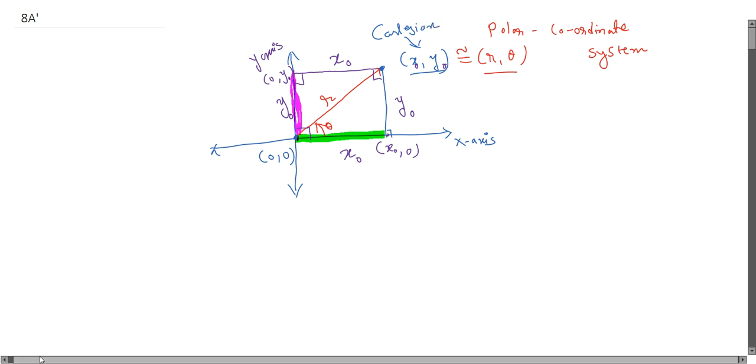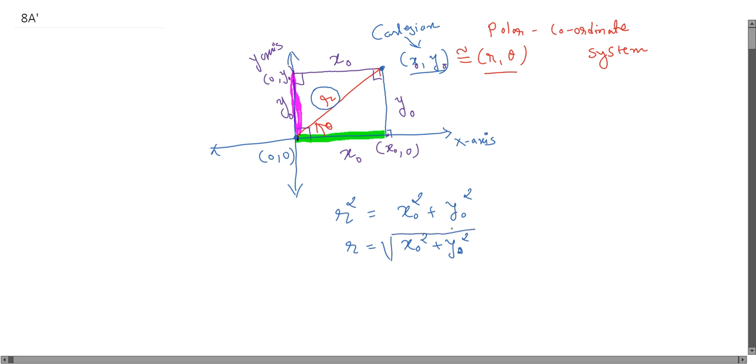Okay, so what is the relation between x0, y0 and r, theta? If you know x0 and y0, then by the Pythagoras theorem you know the value of r. Clearly, r squared is equal to x0 squared plus y0 squared, so r is equal to the square root of x0 squared plus y0 squared.